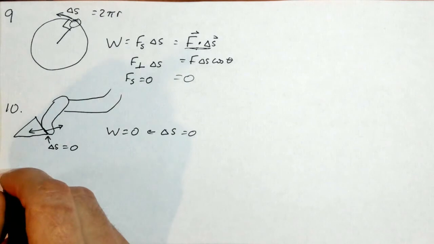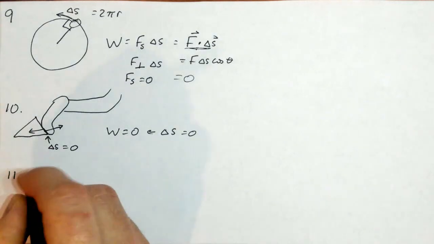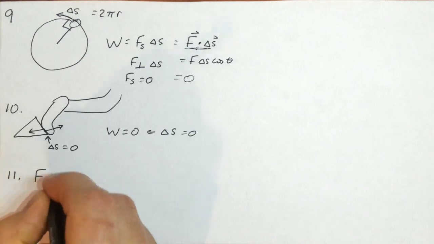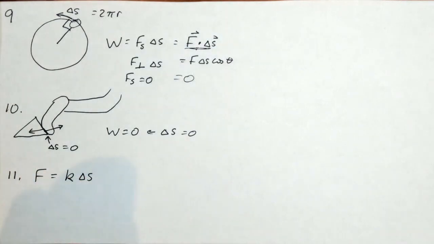Okay, now let's consider problem 11. All right, so here's a different thing. We're going to talk about spring forces, which you have some experience with. So this is going to be a bit of review. All right, so we know that Hooke's law says F equals K delta S. What's important is that delta S is the stretch or compression from equilibrium.